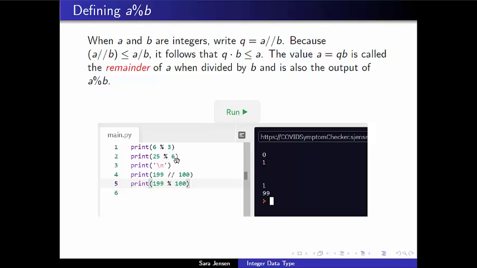Otherwise, if things are not evenly divisible, there's some leftover. If I had 25 apples and 6 teachers, each teacher would end up with 4 apples and 1 apple would remain. Now, just to drive home how the integer division and the modulus work together, if I looked at something like 199 integer division by 100, we know regular division would give us 1.99.